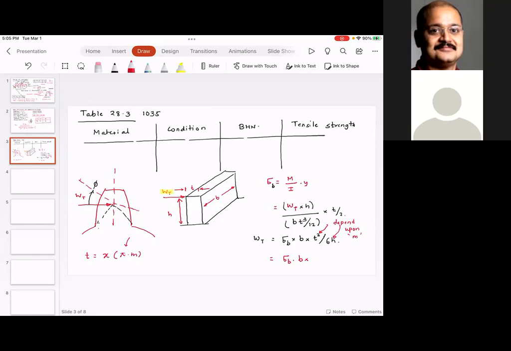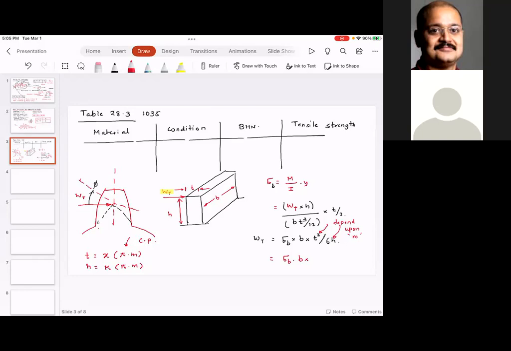Remember, pi times module is nothing but circular pitch. And T, which is the thickness, is proportional to pi times module. H, which is the height, is proportional to K, pi times module. Again, X is a constant, K is a constant, but at the end, they are proportional to pi times M. In other words, T is proportional to module, H is proportional to module.